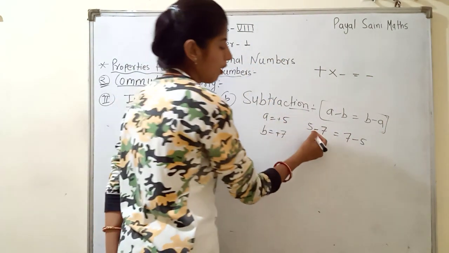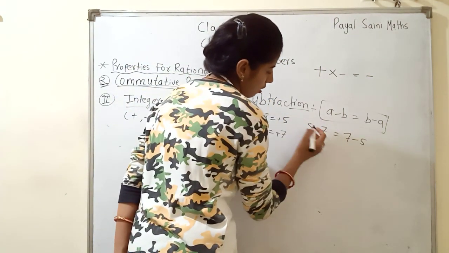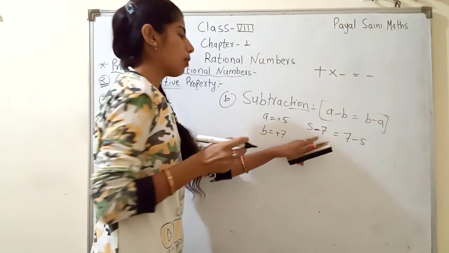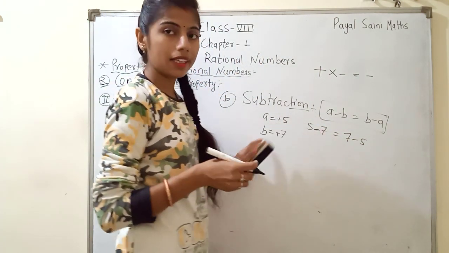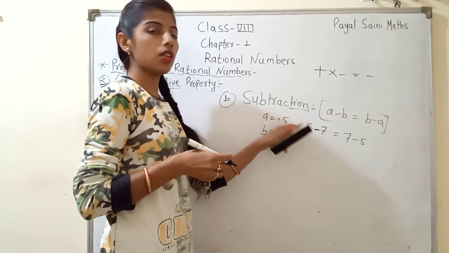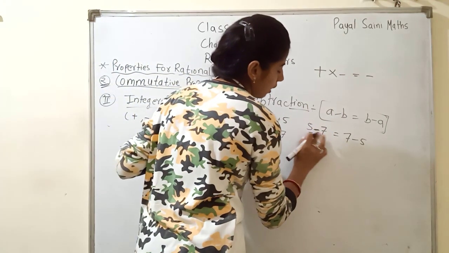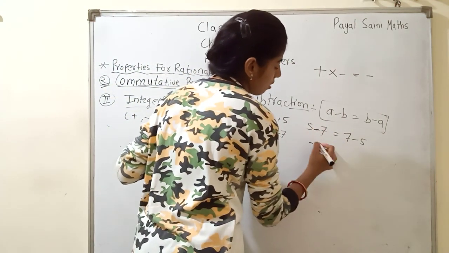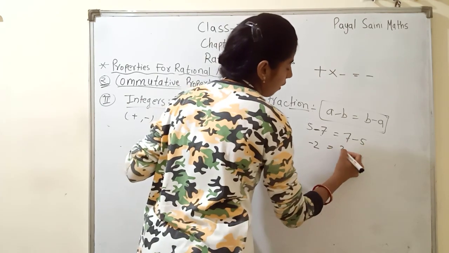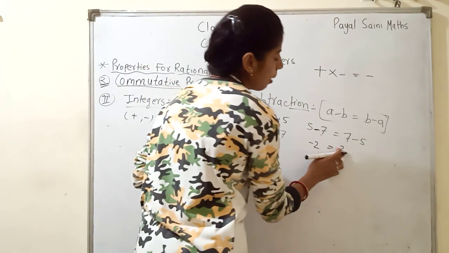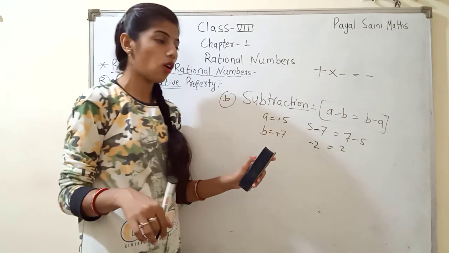5 minus 7. You can see here, the minus number is greater than the plus number. Then what do we do here? Always subtraction, but the sign will be minus. Then 7 minus 5 is 2, and 7 minus 5 is 2. You might say here is 2 and here is 2, but not. Why?